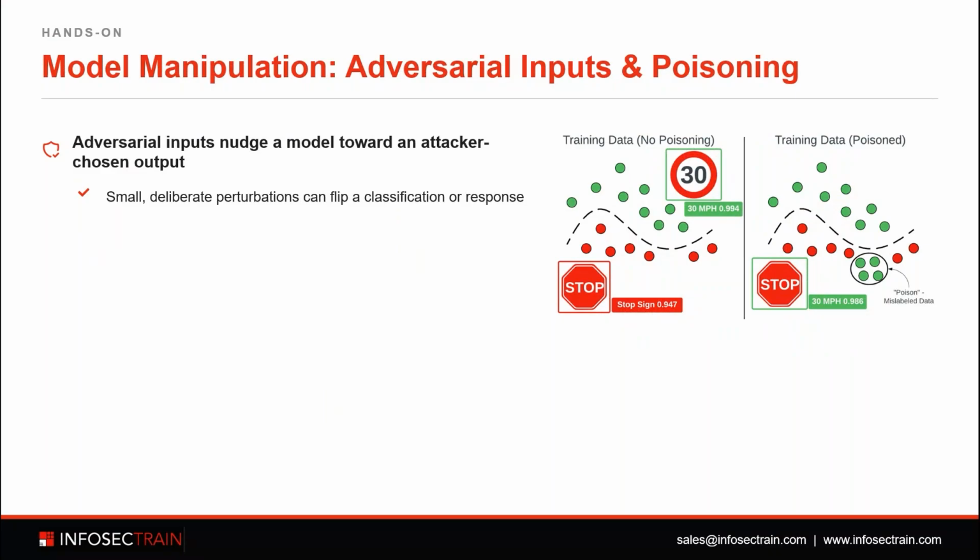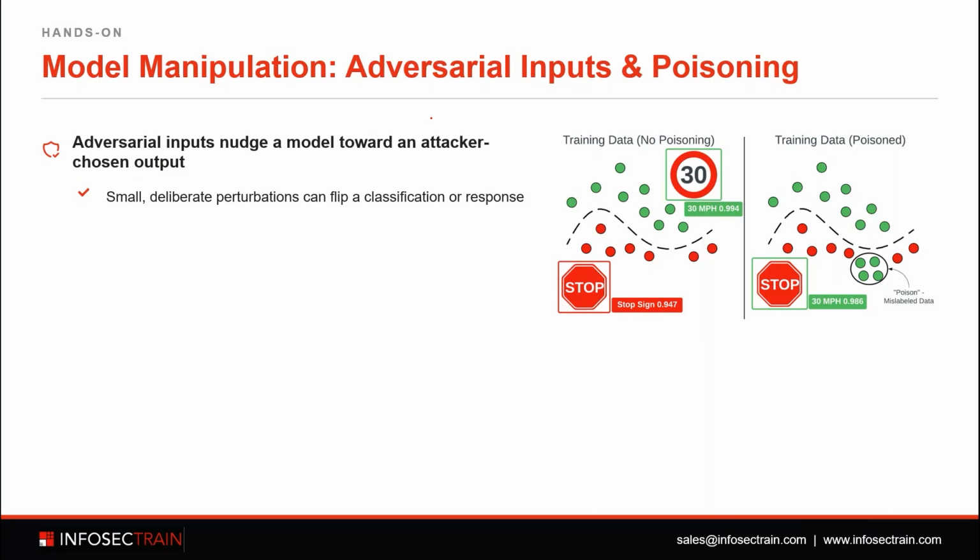Then model manipulation, right? Model manipulation is either you have the access of the database, so you are poisoning the database, or using your inputs, your inputs are being read by the model and being stored by the model, and the database is getting poisoned, right?